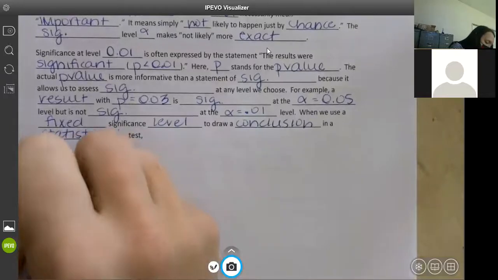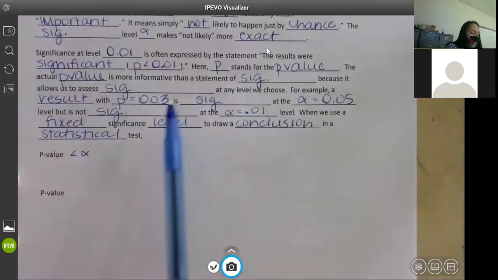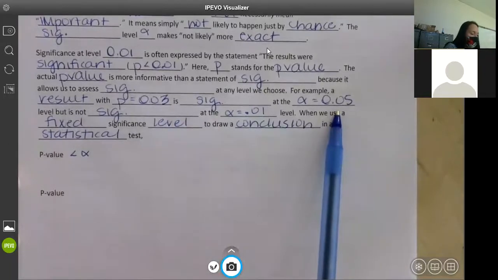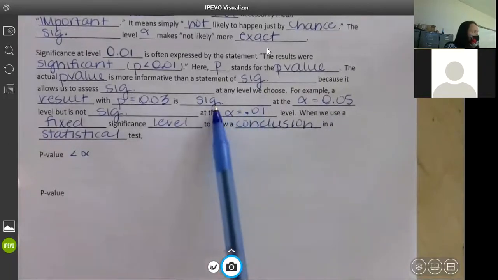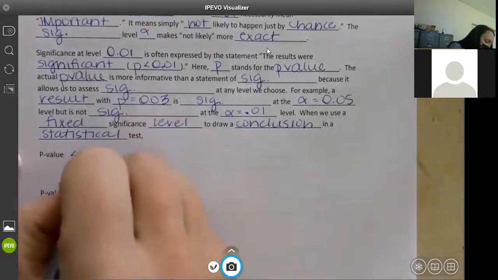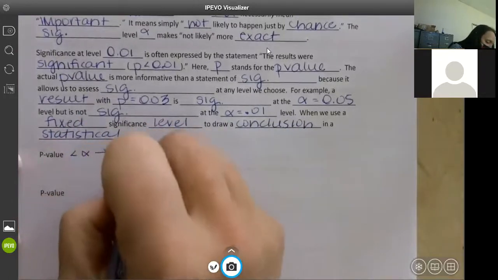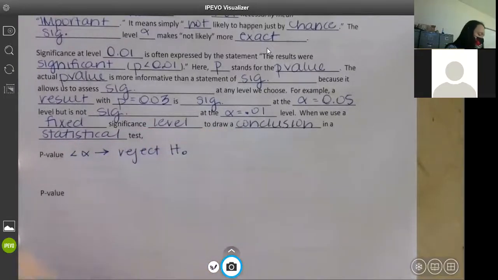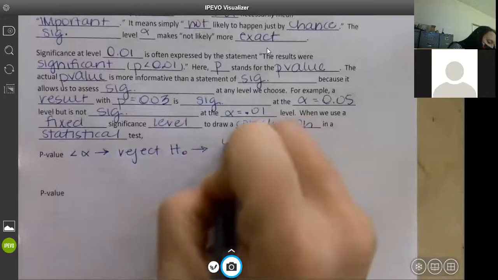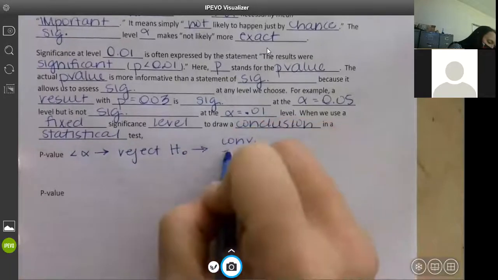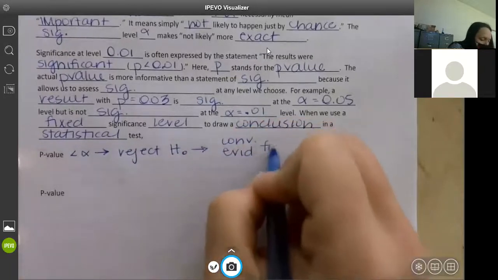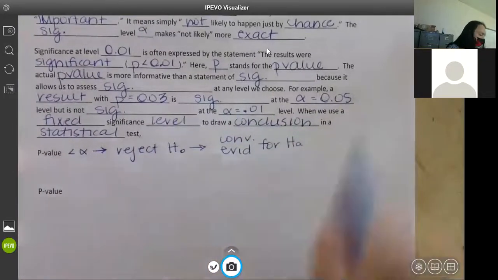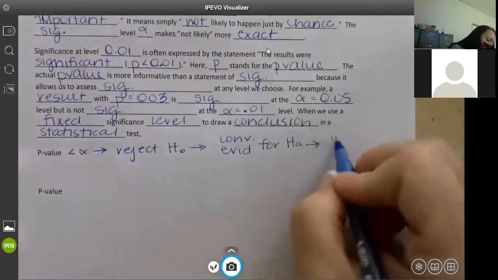If the p-value is less than alpha, so right here we have 0.03 was less than 0.05. We said it is significant. So that means we would reject H sub O. That would be convincing evidence for the alternative, and then make sure that you put it in context.